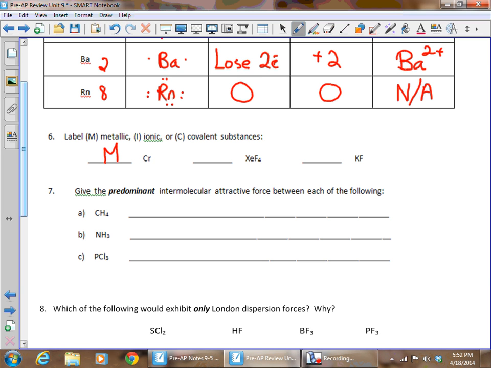For the others, we need to remember that ionic compounds are a metal plus a nonmetal, and that covalent substances are all nonmetals. So XeF4, if you look on the periodic chart, both of those are nonmetals, which tells us that this is going to be a covalent compound. Potassium, on the other hand, is a metal, while fluorine is a nonmetal. That's going to give us our ionic compound.